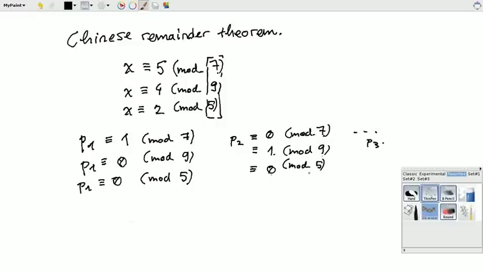I will probably write it down. A P3 such that it is congruent with 0 modulo 7, with 0 modulo 9, and with 1 modulo 5.